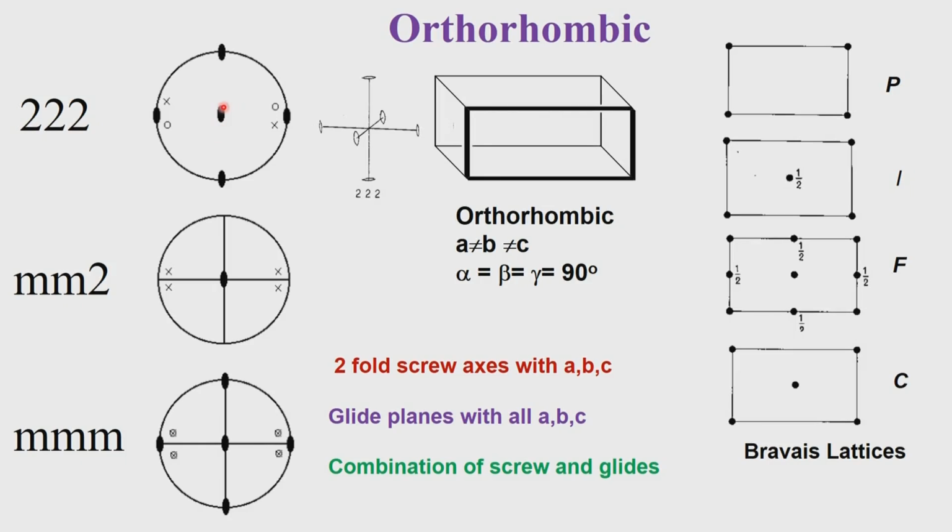The minimum symmetry therefore is 2, 2, 2, and that is the point group symmetry 2, 2, 2, which is described here. So, you have a 2-fold axis associated with a direction coming towards us, and as a consequence we have a 2-fold axis in plane, and there are 2 2-fold axes intersecting with each other in plane, and this would be the illustration of that.